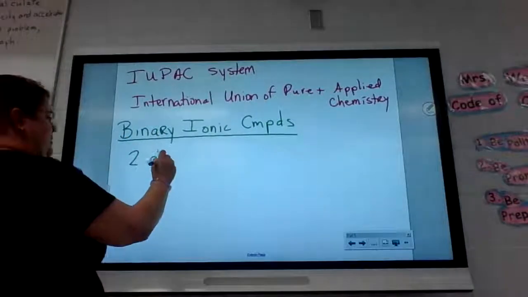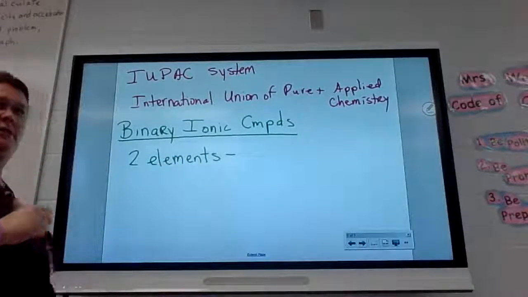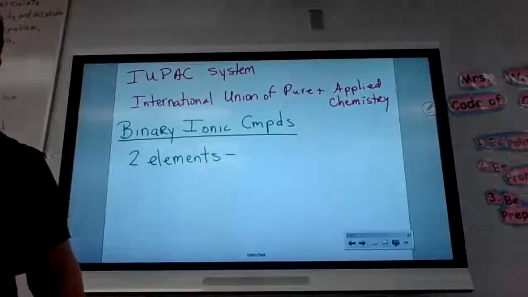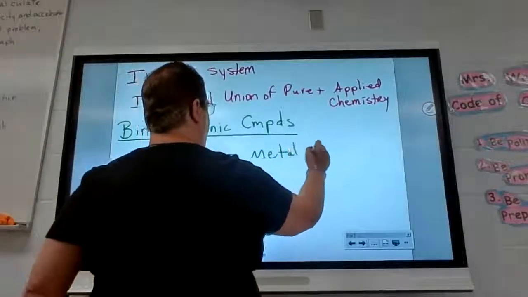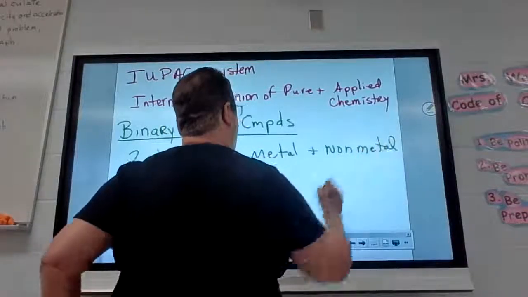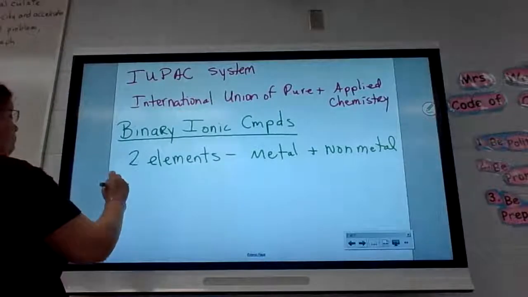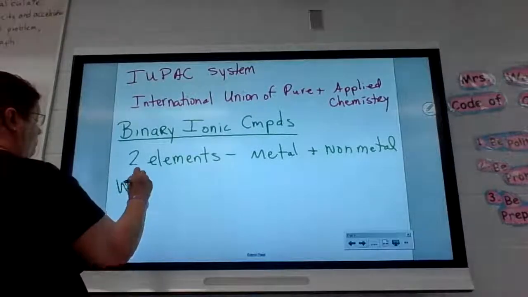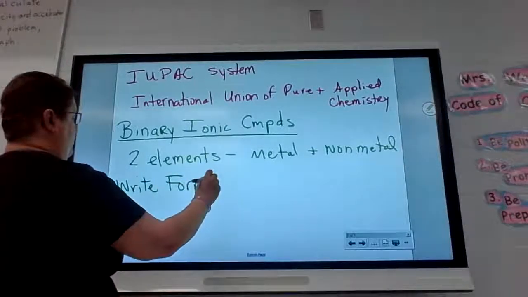Two elements. And because I said ionic, you know they're going to be what kind of elements? Metal and non-metal. Okay, and we're going to write formulas, which I think is the easiest thing to do.